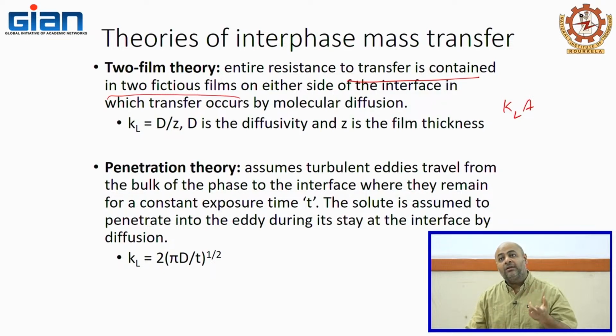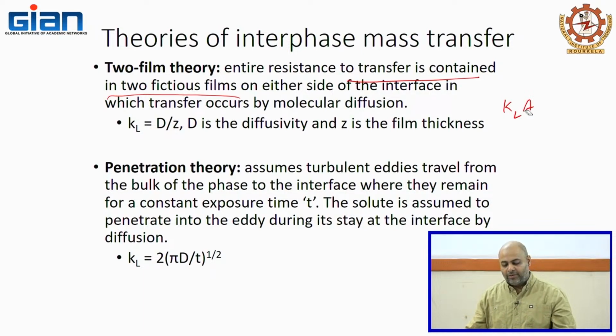The A is your area, D is your diffusivity, and z is the distance it requires for the diffusion. That combined gives you the KL, and the A gives you the area.